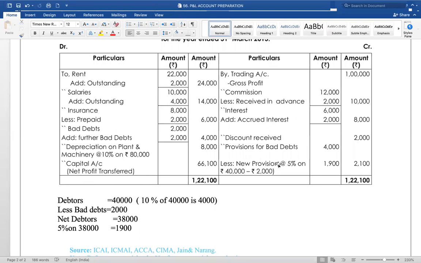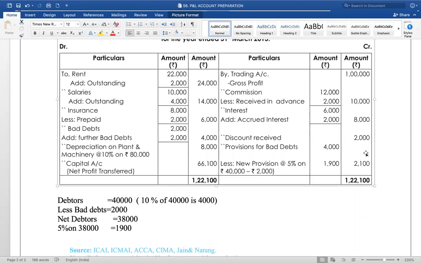Okay, Ravi sir has shown the provision for bad debts on the credit side. I'm not taking provision for bad debt on the credit side. I'm taking only the gain on this reduction, right? Don't get confused. This 2,100 only gain I'm taking because it is coming down from 10% to 5%.